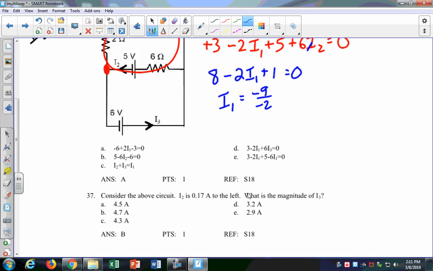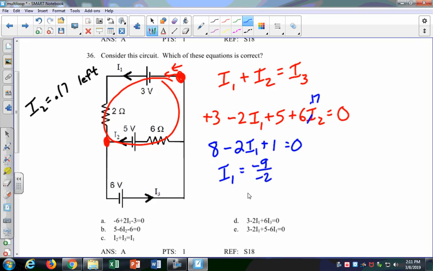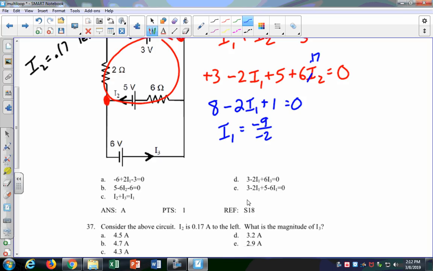Is that an answer? Oh, no, that's I1. So now I want to know what I3 is. That's what I'm asking for. So I3 is equal to I1, which is 4.5 amps, plus 0.17 amps. And that's 4.5 plus 0.2, which is 4.7.